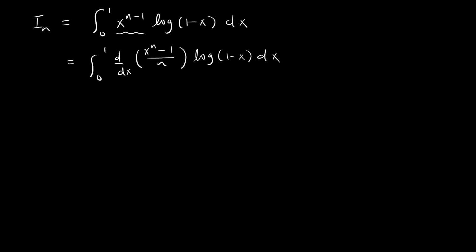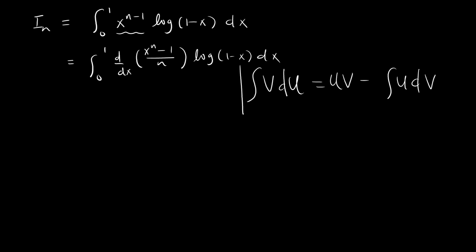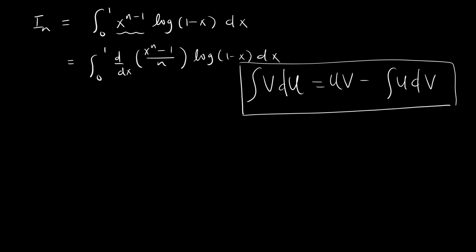Then we can use integration by parts, which, for those of us who don't know, is that if you have an integral of a product of a function v and a derivative of a function u, when you integrate that, you get the product of u and v minus the integral of u times the derivative of a function v. So with that in mind, what do we do next? We consider this part to be u and this part to be v.